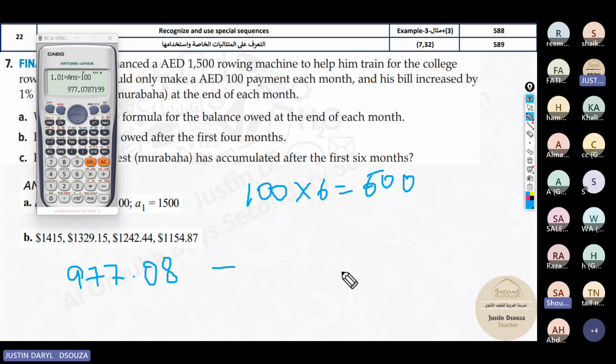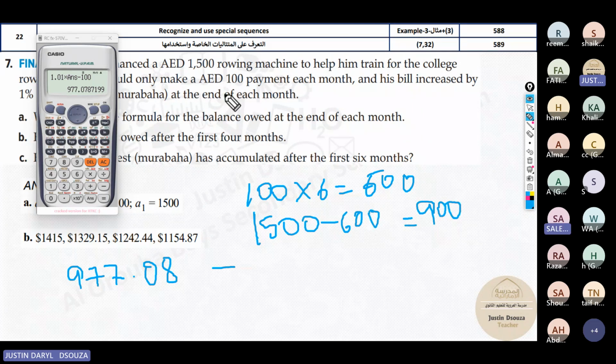It's not this. If there was no interest, he had made 600 in payments, right? It would be 1,500 minus 600. What is the answer? It will be 900. Yes. So if he had no interest to pay, it would have been 900.